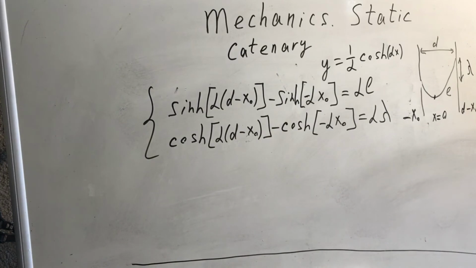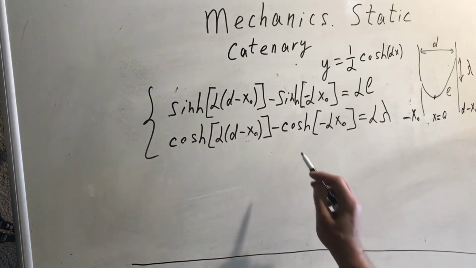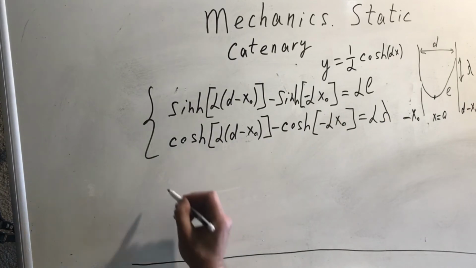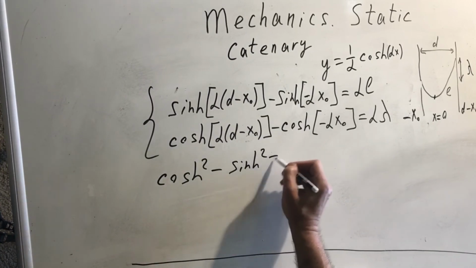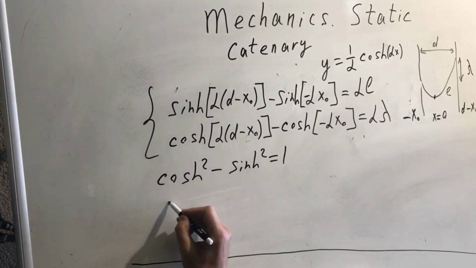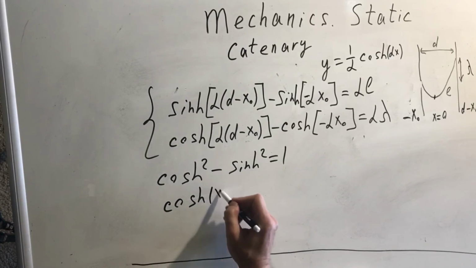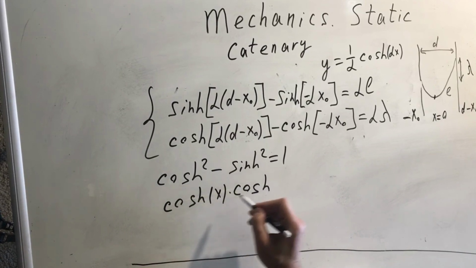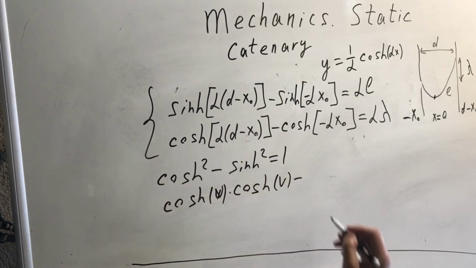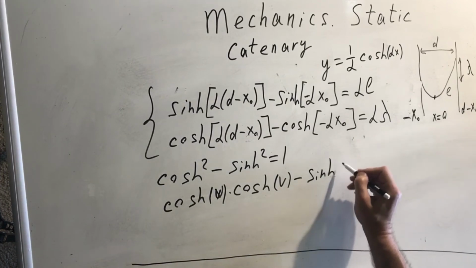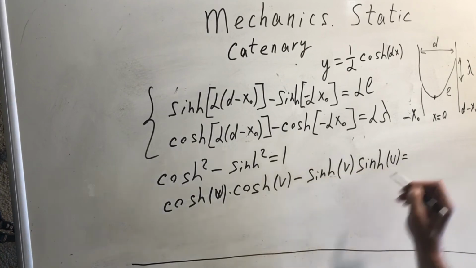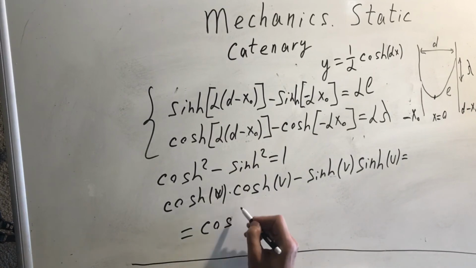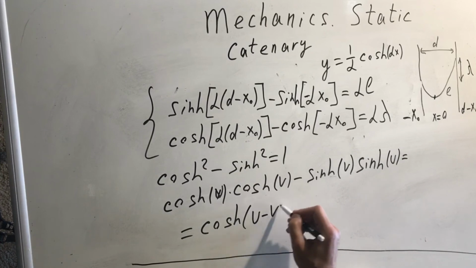For that we just square this equation, square this equation, and subtract from this, and use the formula that hyperbolic cosine squared minus hyperbolic sine squared is equal to 1, and hyperbolic cosine u multiplied by hyperbolic cosine v minus hyperbolic sine v multiplied by hyperbolic sine u is just equal to hyperbolic cosine of u minus v.